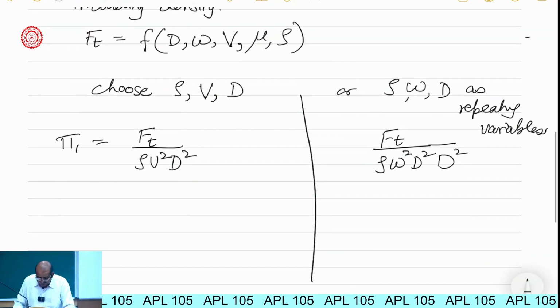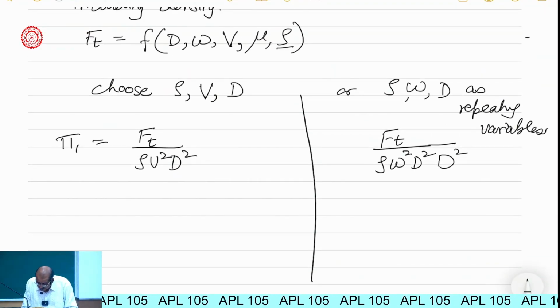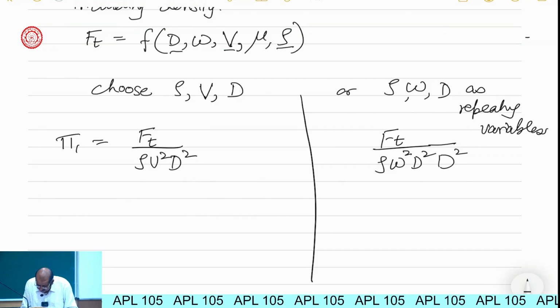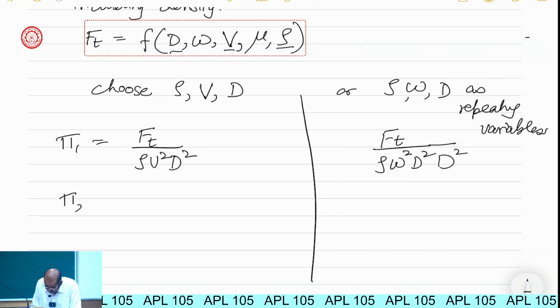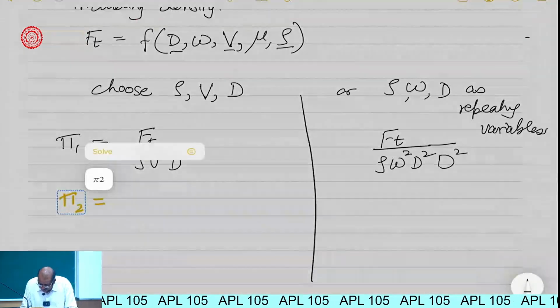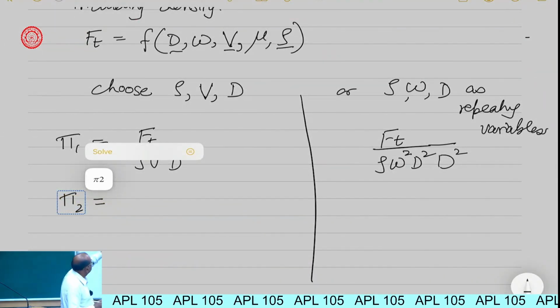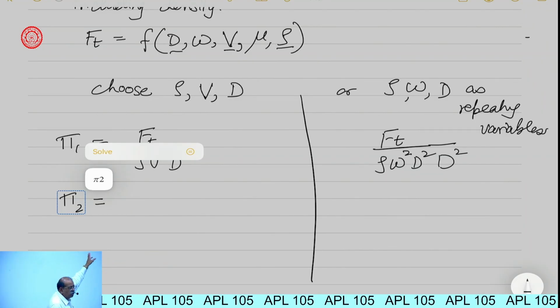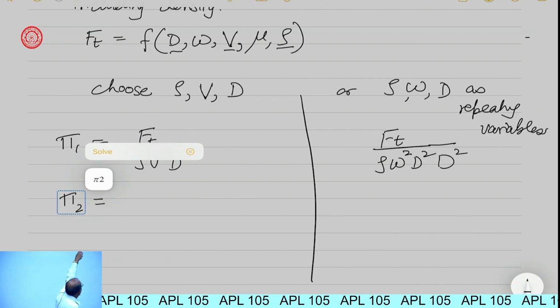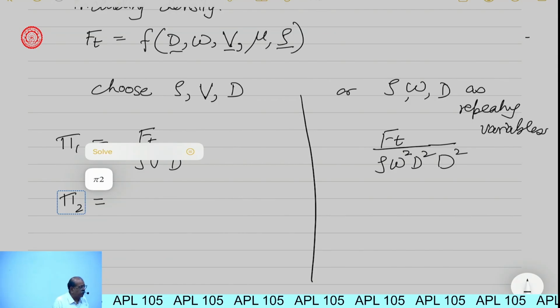Then secondly, we have used rho, V and D here. So we have to now form a pi group with omega, because that is the omega and mu. These are the two. Totally, if I count 1, 2, 3, there are 6 variables. And we have chosen 3 repeating variables because there are 3 basic dimensions.